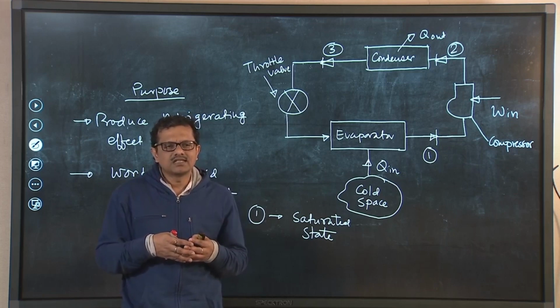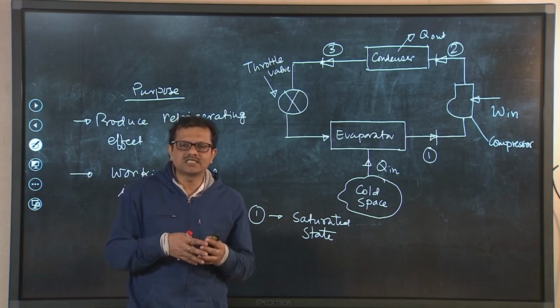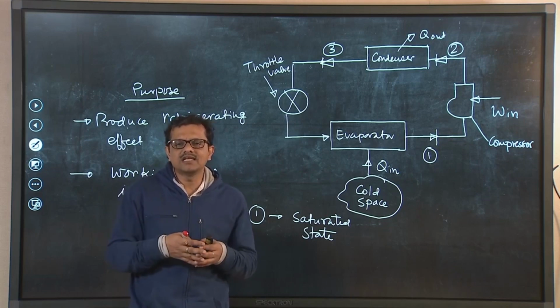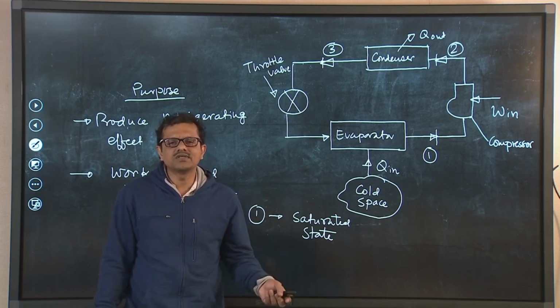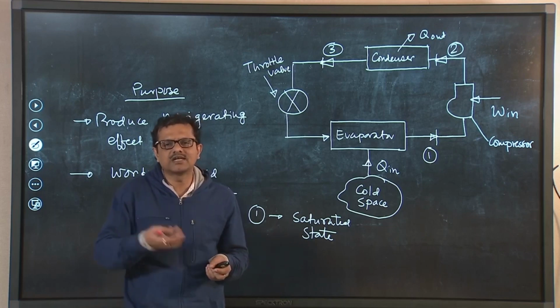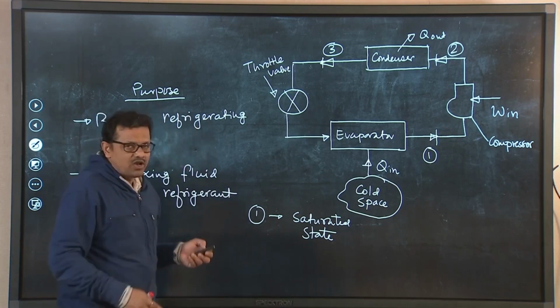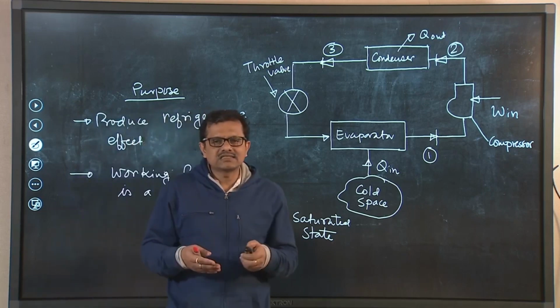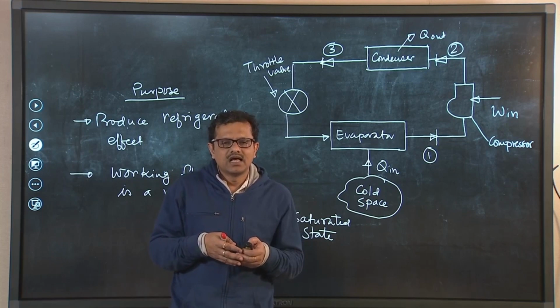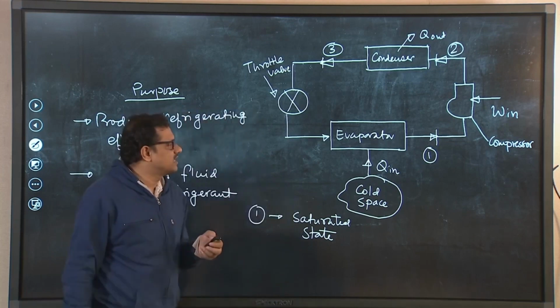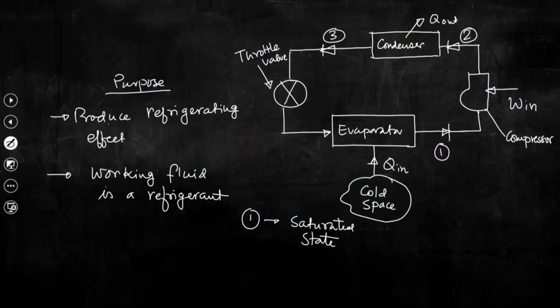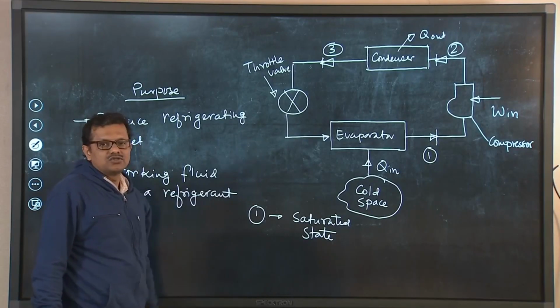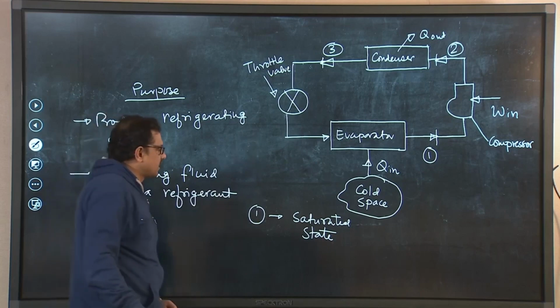We have discussed that if we represent any process in the TS plane, the area under the process line in the TS plane will give us the direct measurement of energy that is either added to the device or extracted from this device. So, following this discussion which we had earlier, and with this understanding, let us now move to draw the TS diagram corresponding to the processes that constitute this cycle.